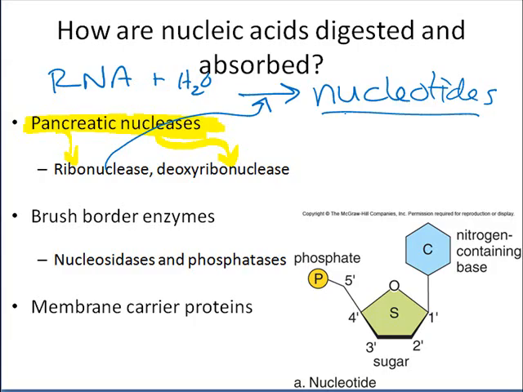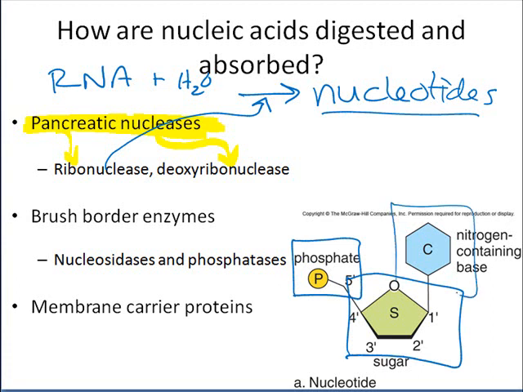Now remember from Bio 181, a nucleotide consists of 3 distinct parts: a phosphate group, a sugar group, and a nitrogenous base. A nucleotide is still too big to be absorbed. So once I've gotten individual nucleotides released from the RNA and DNA, I'm not done.